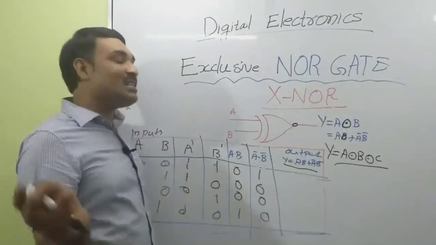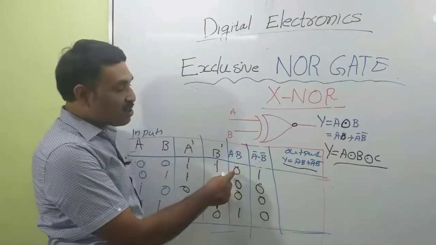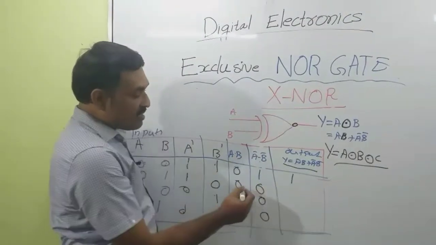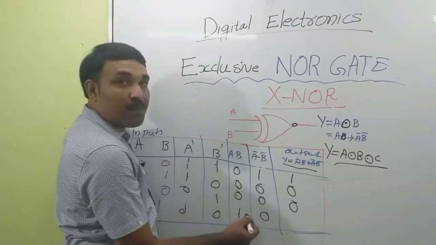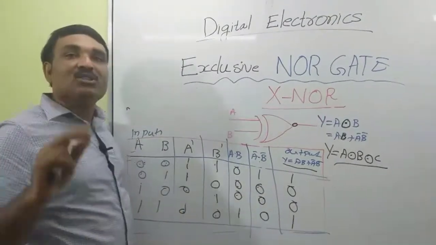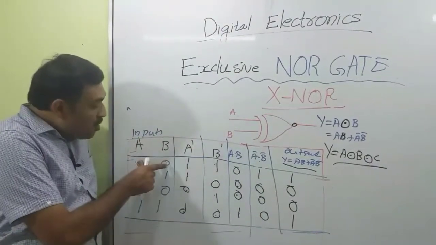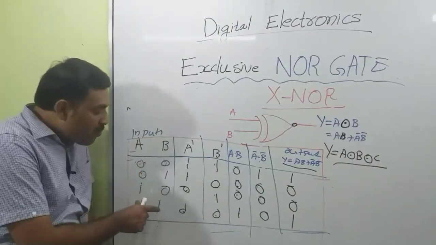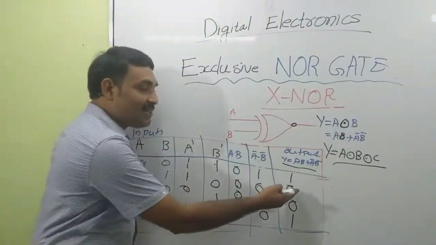Now the output is the union or logical addition of these 2 columns. So 0 plus 1, that is 1. 0 plus 0, 0. 0 plus 0, 0. And 1 plus 0, that is 1. So in the XNOR gate, the output will be high if both inputs are low or both inputs are high. Otherwise, the output is 0 or low.